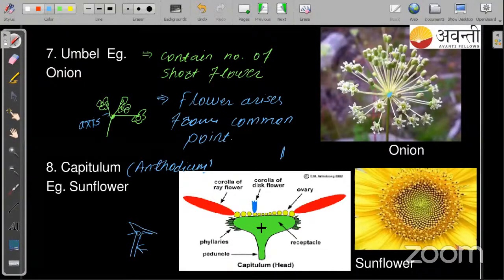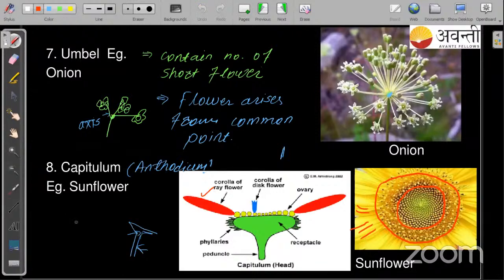And it bears small sessile flowers. Please see in this diagram, this part is the sessile flower. Actually there are two types of flower here. One is the sessile flower part, and the next is the ray flower part. This outer part is known as the ray flower.